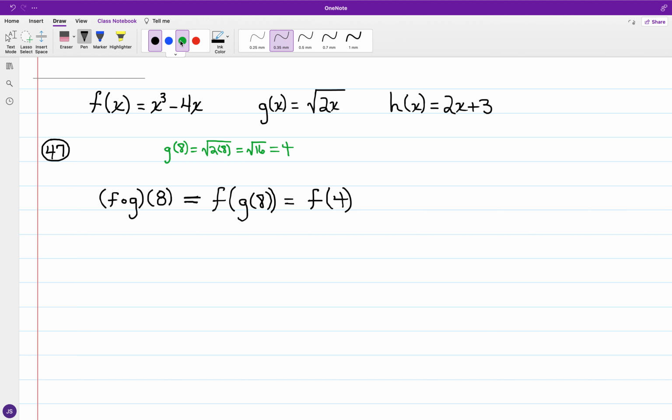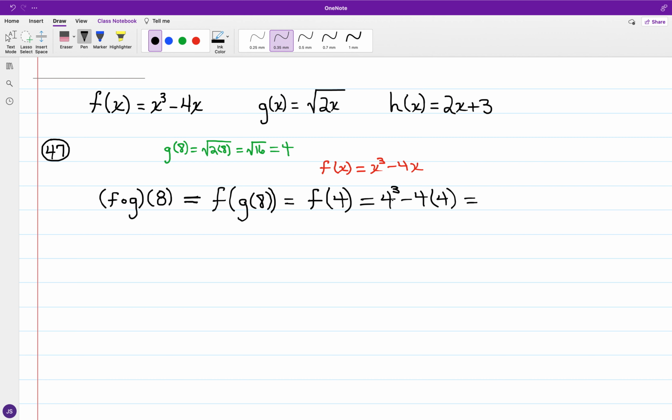In the follow through, with f of 4, we'll operate along the lines of f of x. So f of the input is equal to the cube of the input minus 4 times the input. With x set to 4, f of 4 is equal to 4 cubed minus 4 times 4.